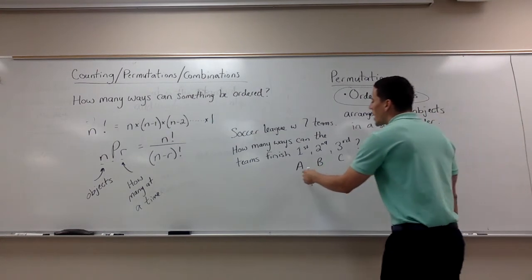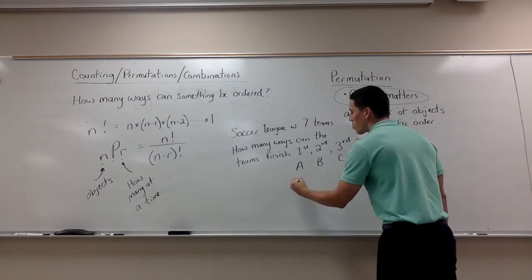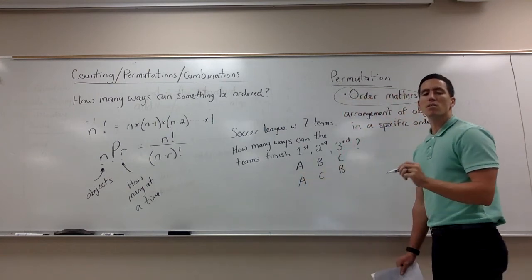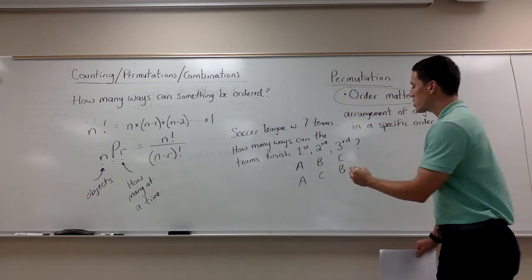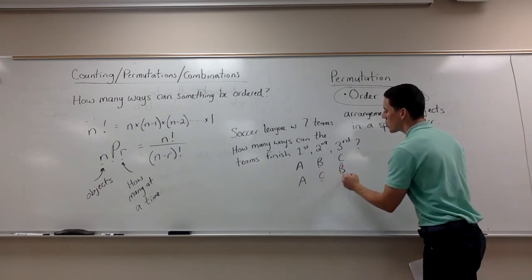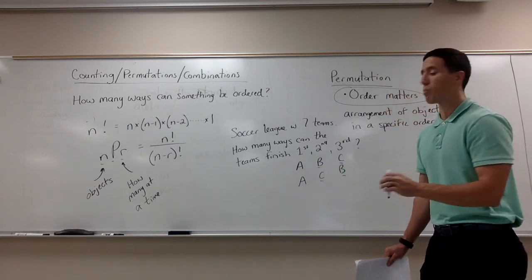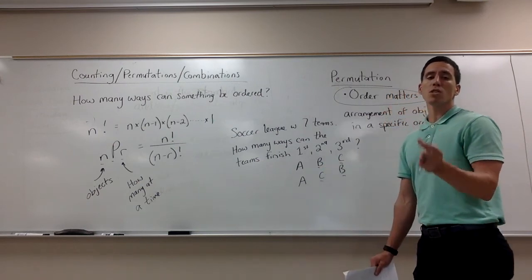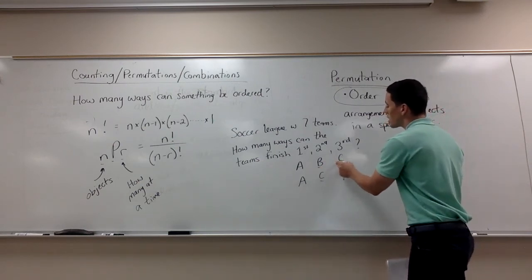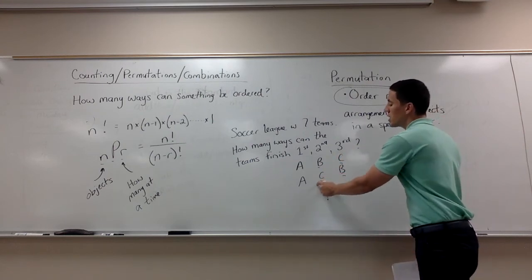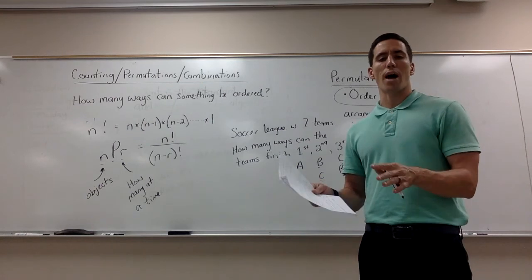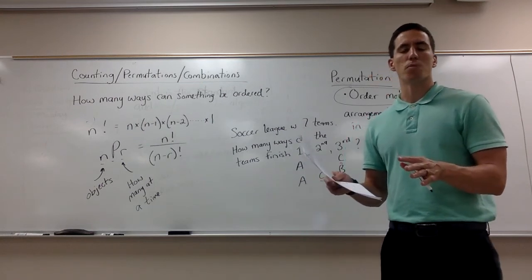Well, is A, B, C the same thing as A, C, B? In this case, no. If you ask teams B and C if these are the same, they would obviously say no. Both teams would rather get second place than third place. So there's a difference between B getting second and C getting third than C getting second and B getting third. All of that to say, in this problem, order matters. Okay, so we're dealing with a permutation.